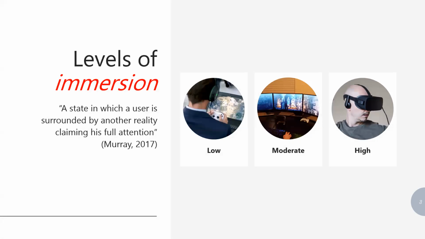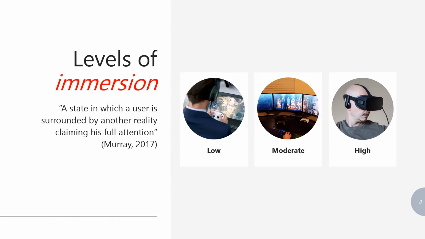With immersion, we mean a state in which a user is surrounded by a new and different reality that claims its full attention. And with technology today, we have different levels of immersion. A low level of immersion is when there are numerous signals indicating the presence of devices in the physical world, for example, the use of a joystick to control the virtual environment.